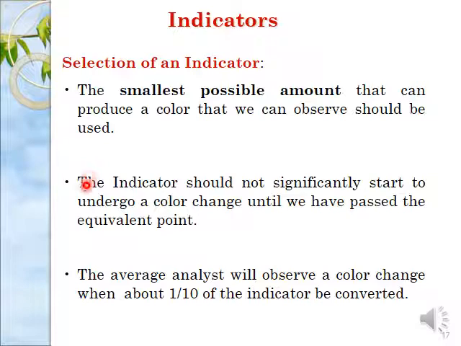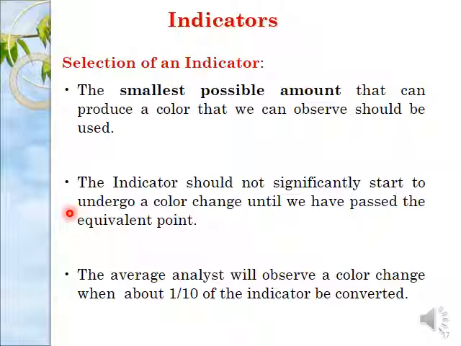So what does it mean here? That the color change range for the indicator has to be above the equivalence point. Let's say for strong acid-strong base titration, the equivalence pH is expected to be at pH 7.